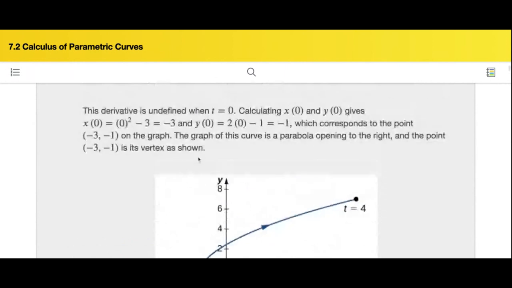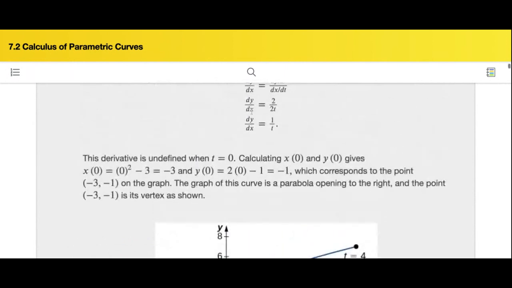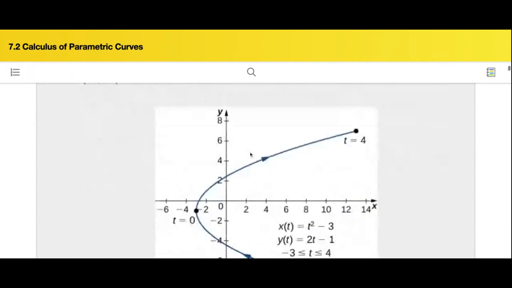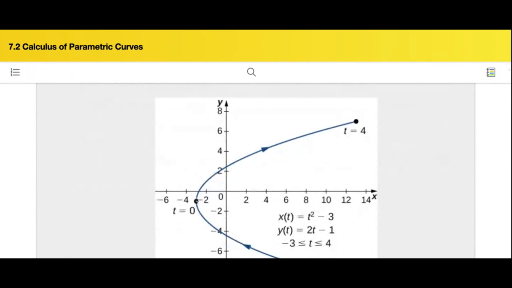So if we do dy/dx here, 1 over t, dy/dx is the derivative at this point, which is the slope of the tangent line.